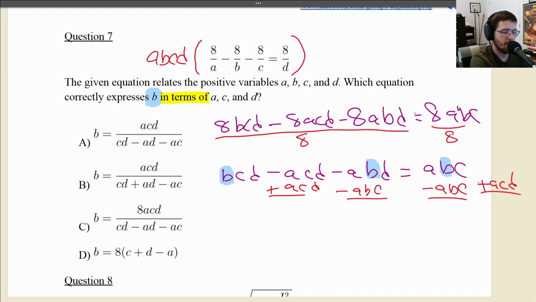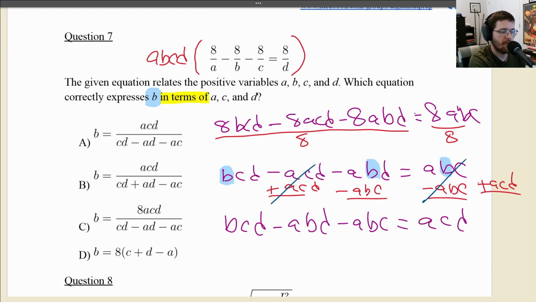So this will go away, and this will go away. And we will be left with BCD minus ABD minus ABC is equal to ACD.